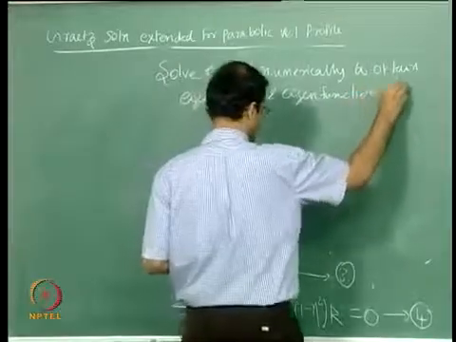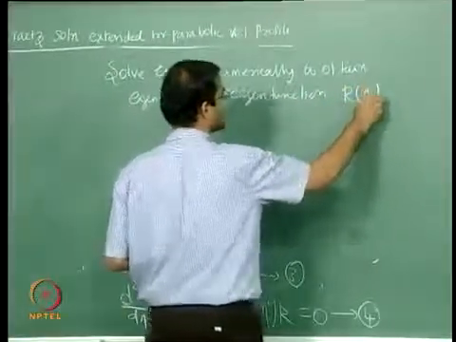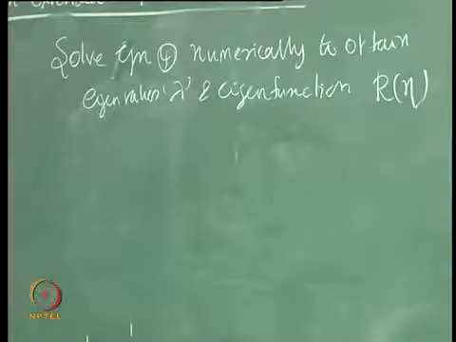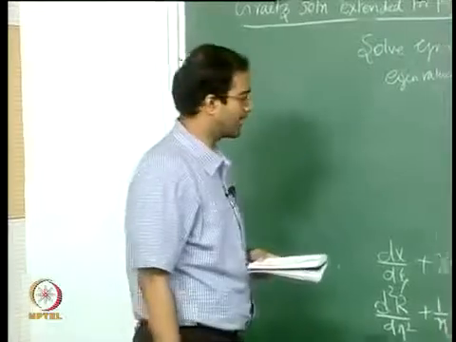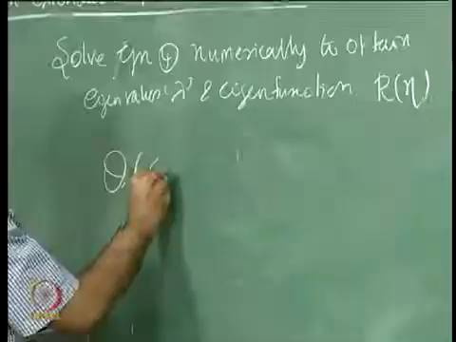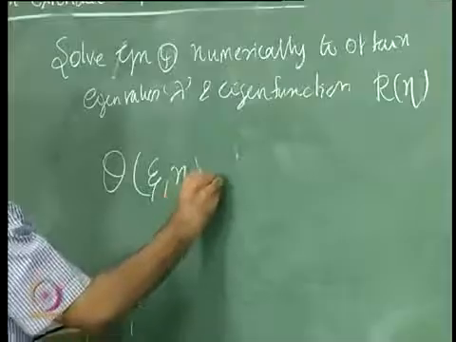The eigenfunction is basically the variation of R with respect to eta. Once you do that, your final solution can be expressed directly as theta, which is a function of zeta and eta.